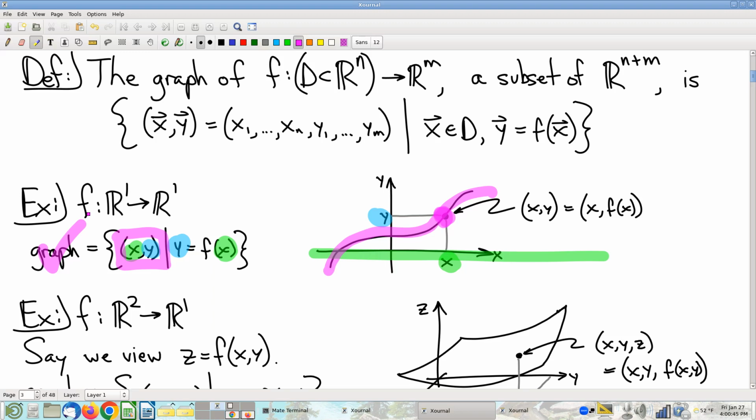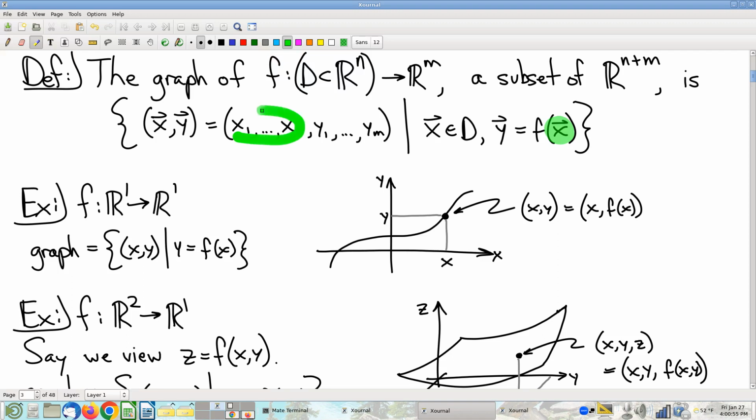Okay. So the generalization of this is really very much exactly the same thing. You take all the possible inputs, and keep in mind the inputs now are vectors, and so we have multiple input coordinates. And then you look at the corresponding outputs, again, also vectors, and so then there are multiple output coordinates. Again, you kind of smash them together and make a big point.